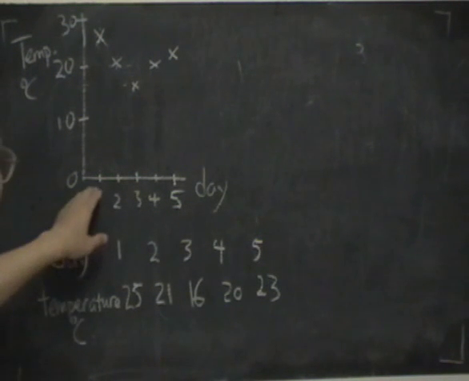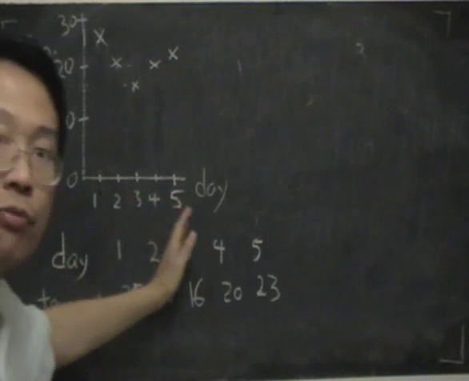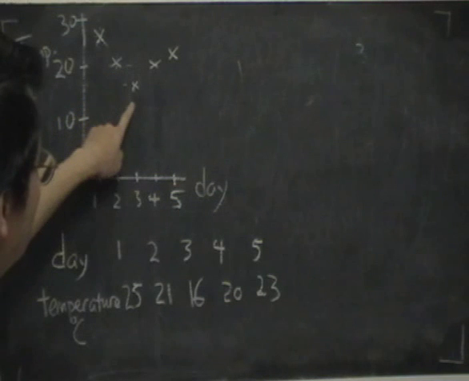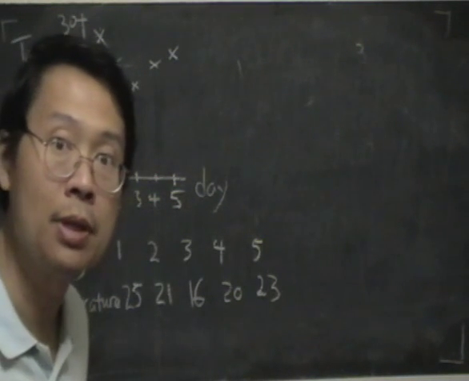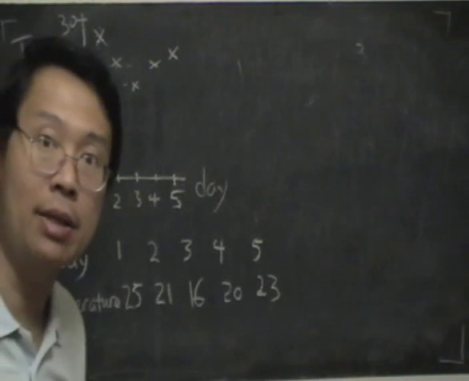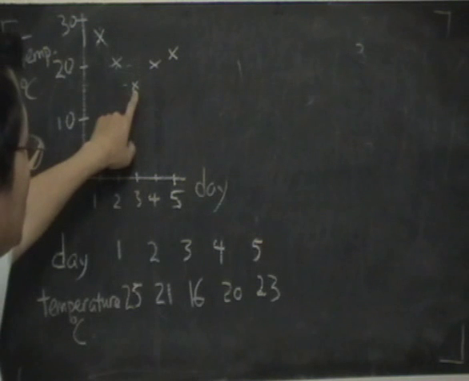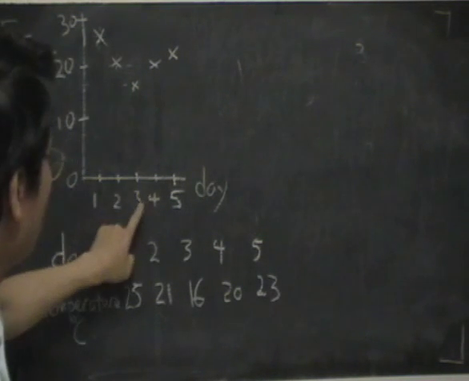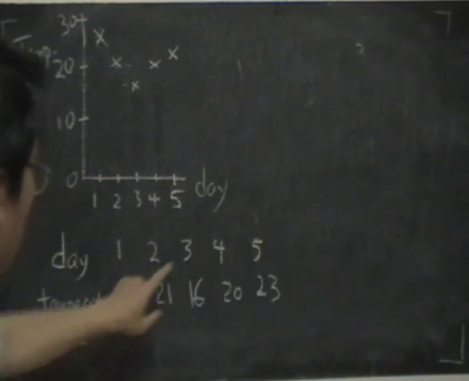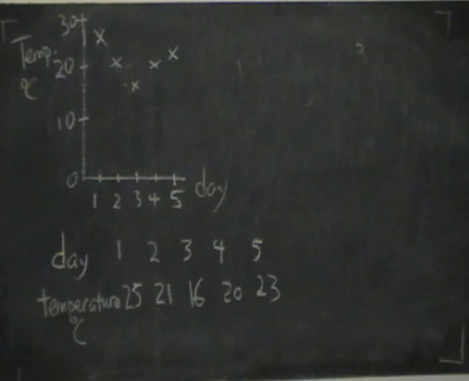As you move from day 1 to day 5, you see the points go down and then come up. That means that the temperature goes down and comes up again. And at one look, you know that on day 3 the temperature is lowest. So Wednesday is the coolest day of the week.